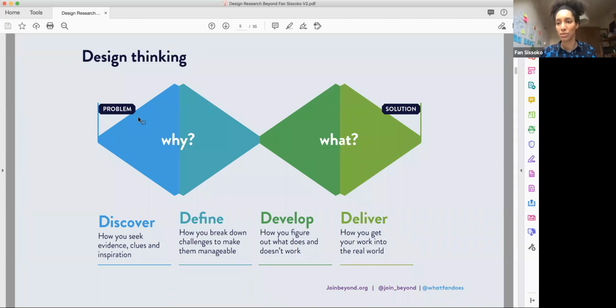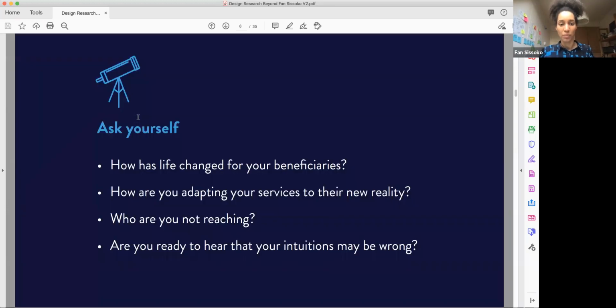We might need to change our route or change our approach to tackle that root cause. But you won't get to that if you go into research with a set idea of what you want to do, and if what you're looking for is validation of your idea, rather than going into it truly open to being challenged.